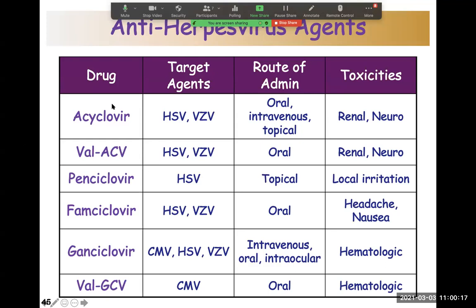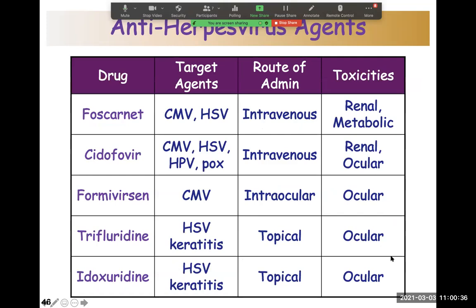Very quickly, these are the various guanosine analogs, and the use can change, right? You need to know how to use it. Ganciclovir is intraocular, where you just put a drop in the eye. So it changes. Again, they all have a lot of toxicities, as I told you earlier.